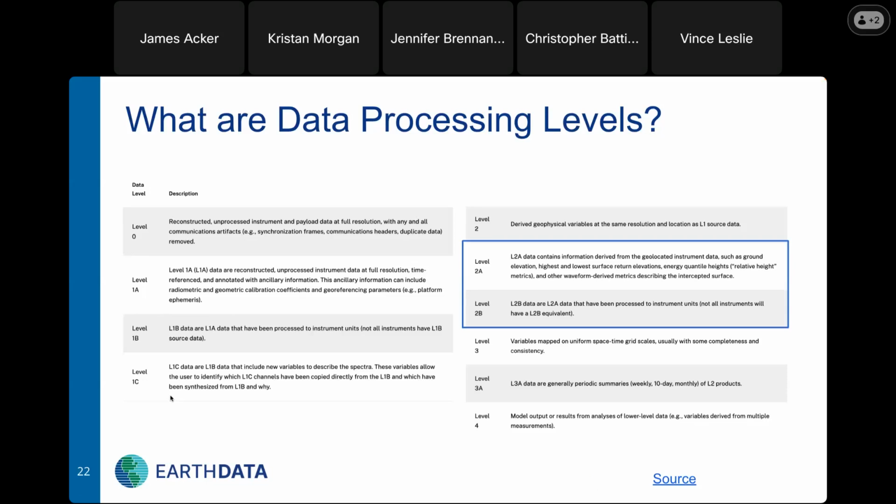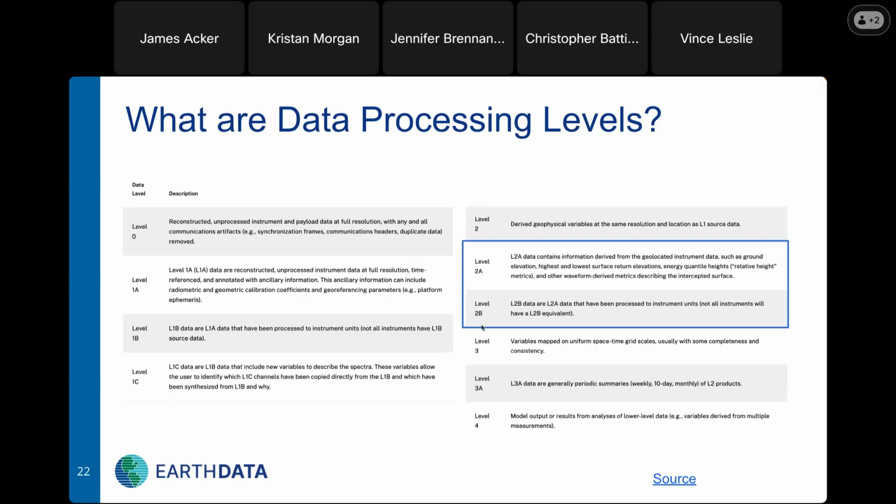So level 1 data is typically for a lot of these radiometric and georeferencing parameter variables and data sets. But once we start to get into level 2, we start to get into products that have some derivations. So for example, surface return elevations, ground elevations, and that also can be used to provide different variables like pressure or brightness temperature that are resampled with height, which is what we're showing with URAD.